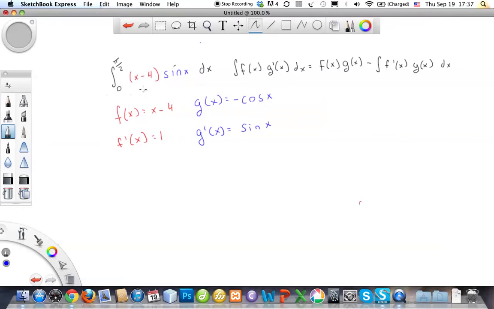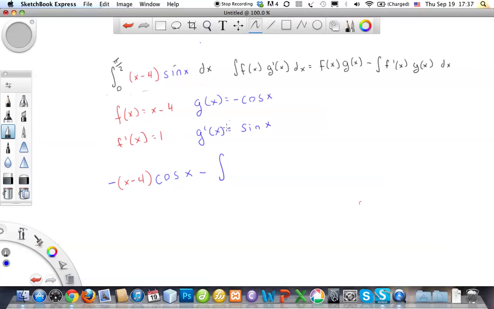Okay. Now I'm going to plug my parts into my integration by parts formula. So f of x times g of x will give me x minus 4 times g of x, which is negative cosine of x, minus the integral of f prime of x times g of x.